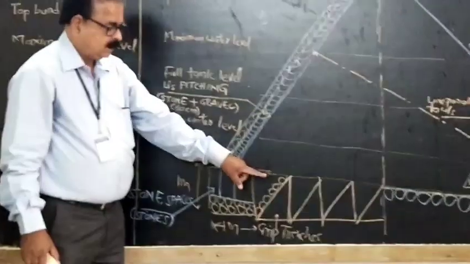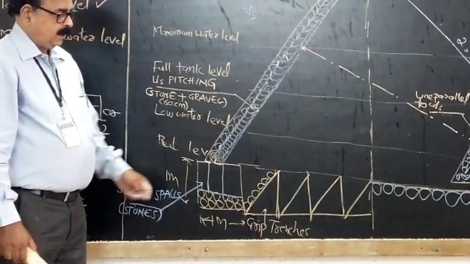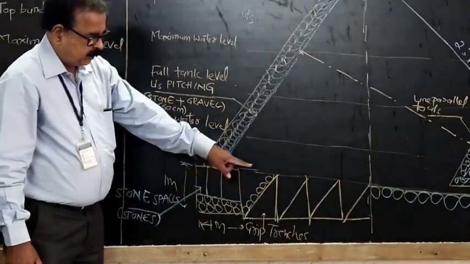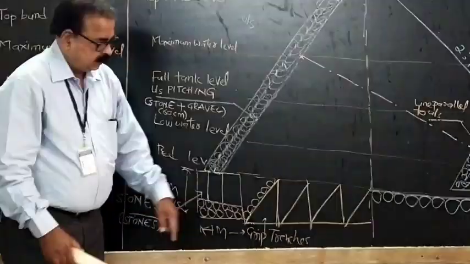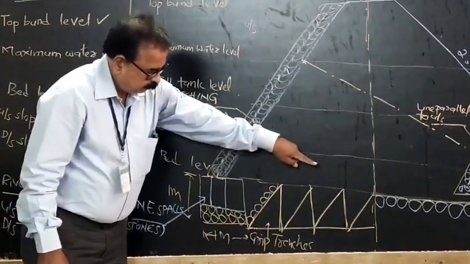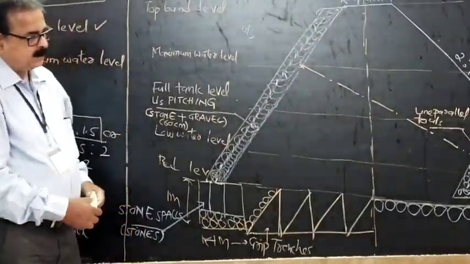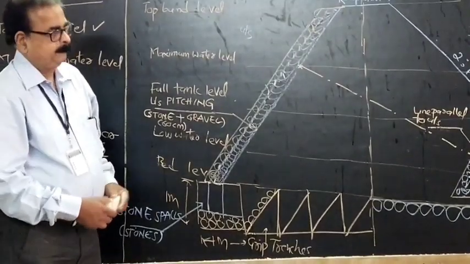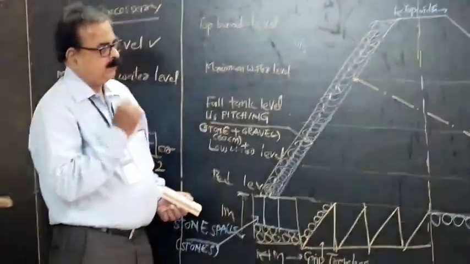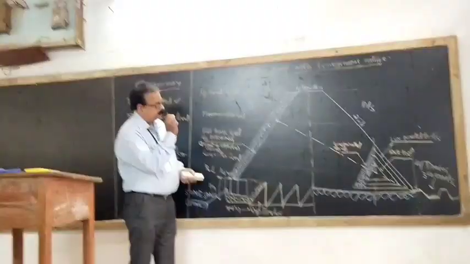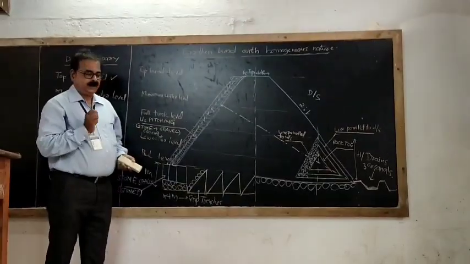Normally they are made at 90 degree, 60 degree, 30 degree, and we must be very careful while drawing. They must make an inclination to the bed level, and they depend upon the length of the upstream side of the earthen bund. Here you have to be careful while drawing. Even the scale should be taken properly.